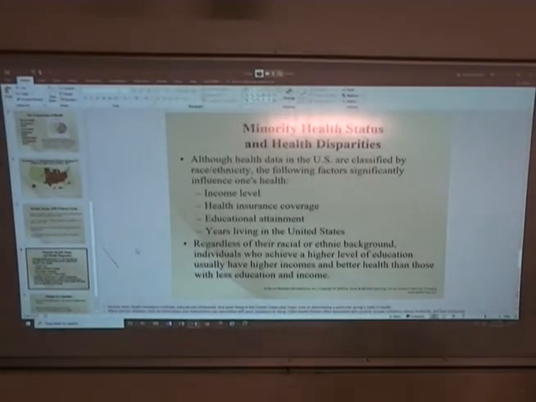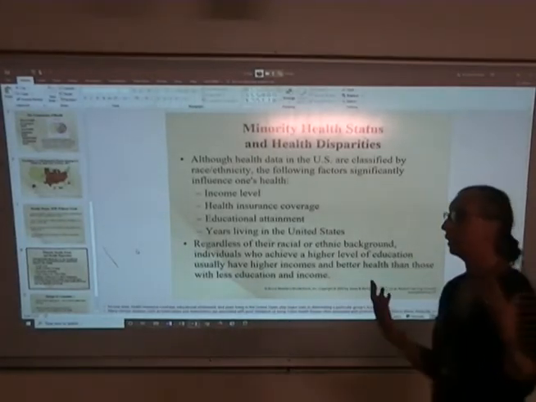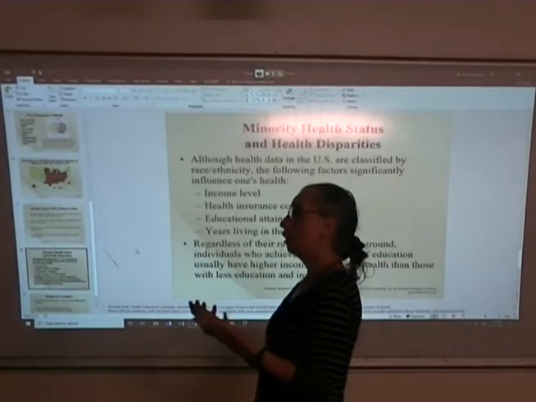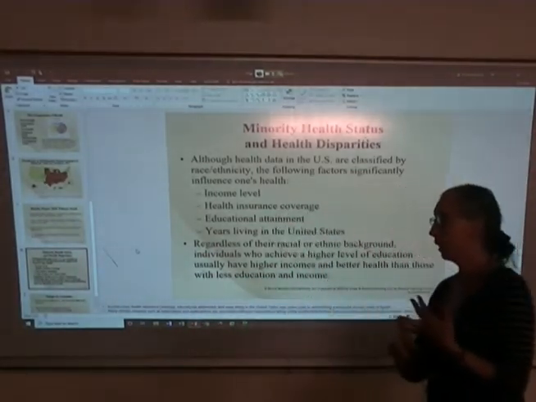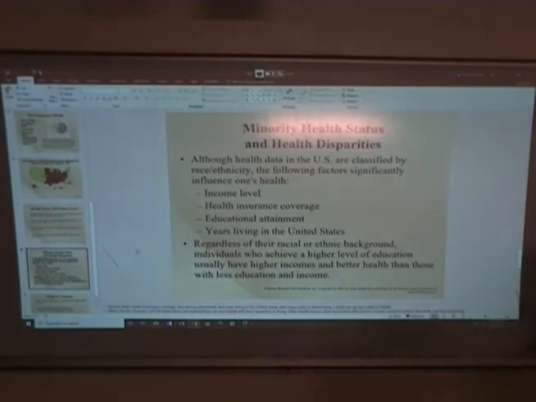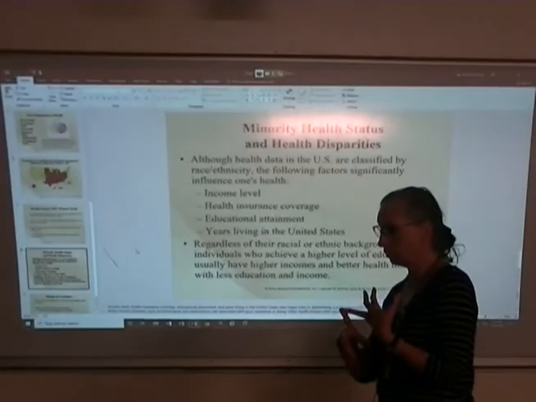Having higher levels of education typically leads to a job that pays a little bit more and is more likely to have health insurance.